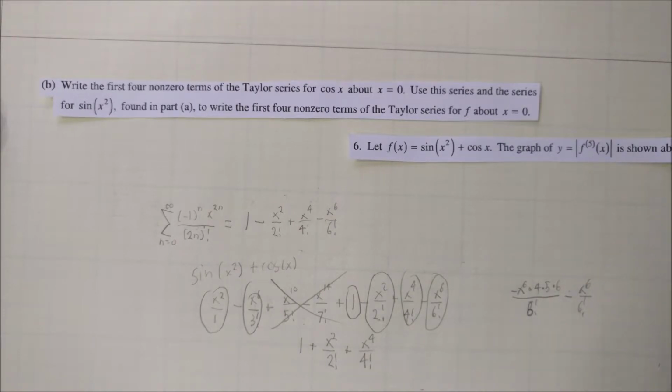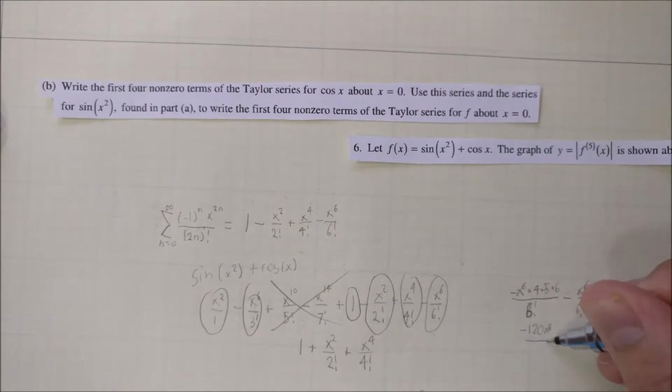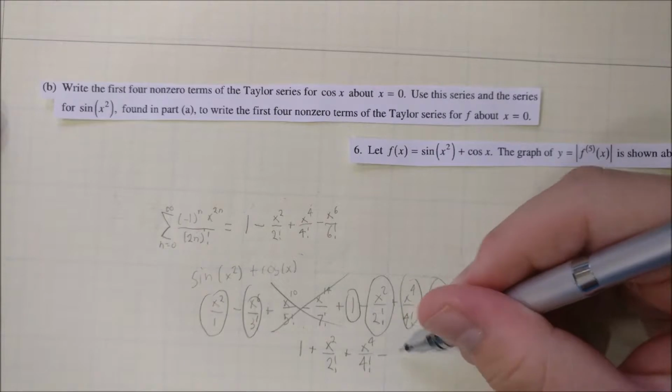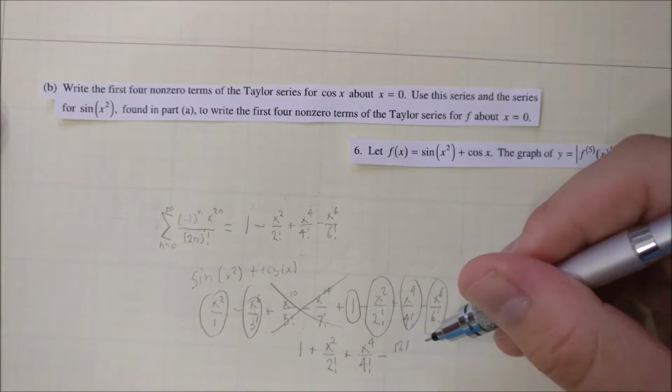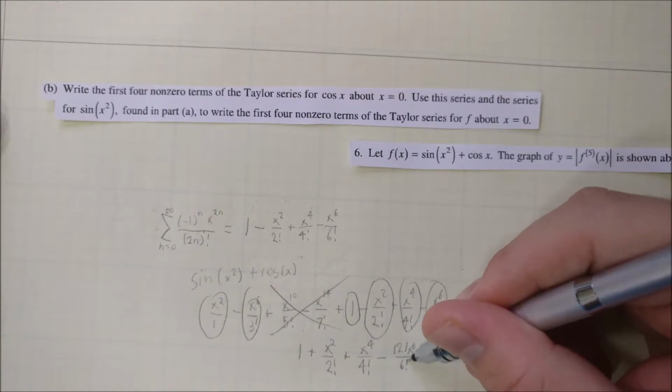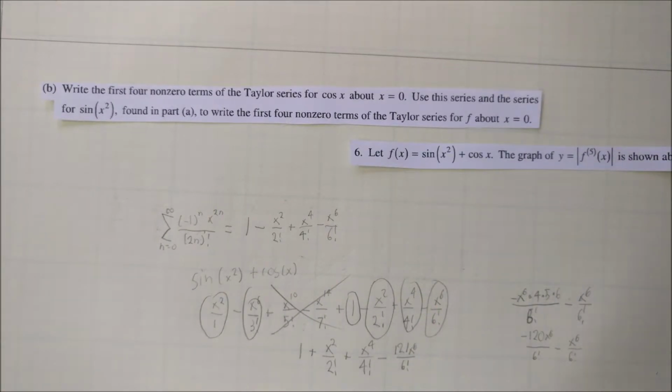This way we don't have to actually evaluate 6 factorial, because that's a big, scary number. Which just comes out to negative 121 x to the 6 over 6 factorial. And now we're done.